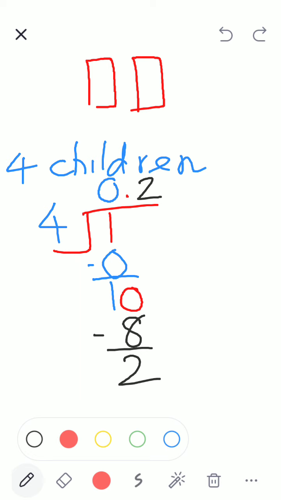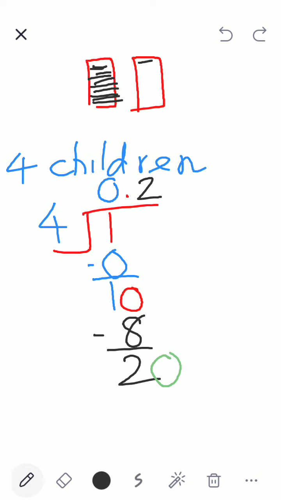So what will I do? I will further cut this into 10 equal pieces. 1, 2, 3, 4, 5, 6, 7, 8, 9, 10.